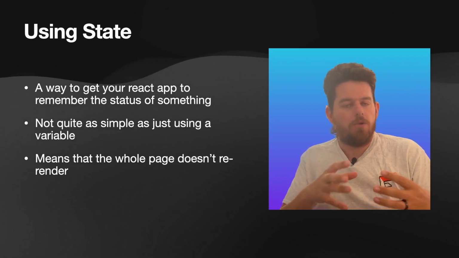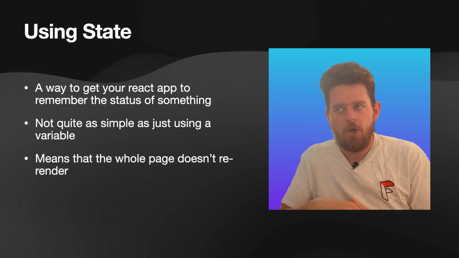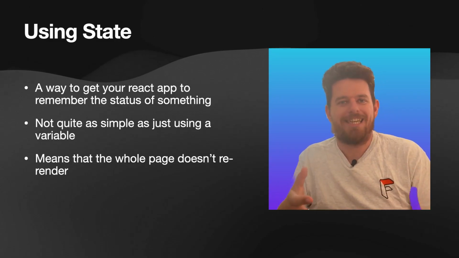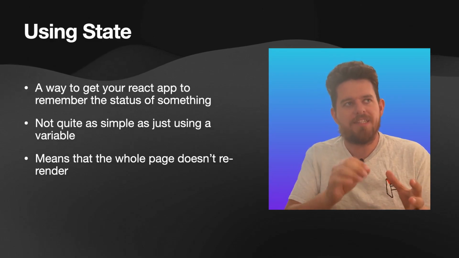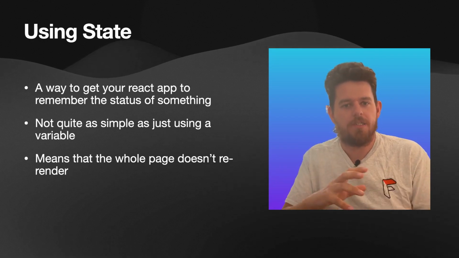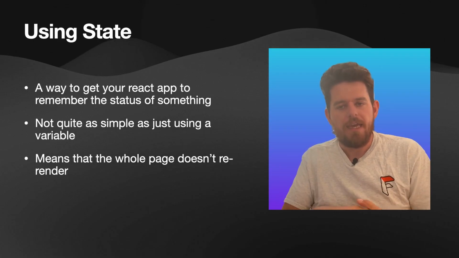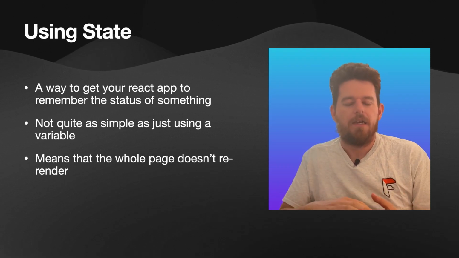Now, you could have just put this in a variable called sprite position. Or maybe you were building a tic-tac-toe game. You needed a variable somewhere that remembered the state of the game so that you could then check for win conditions, etc. Now, we can do something very similar in React.